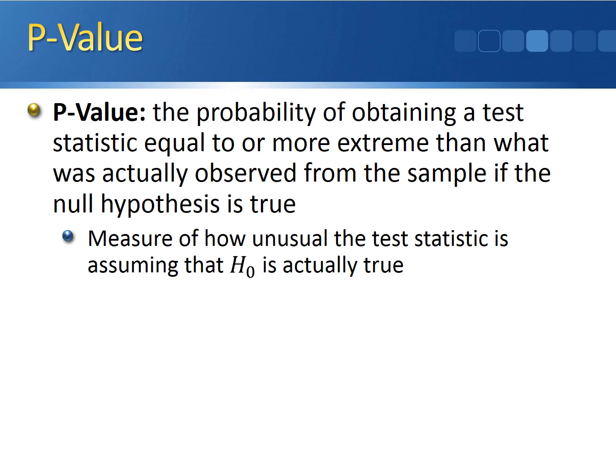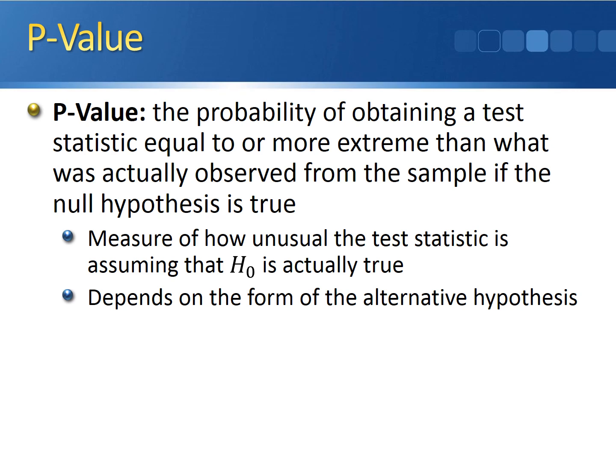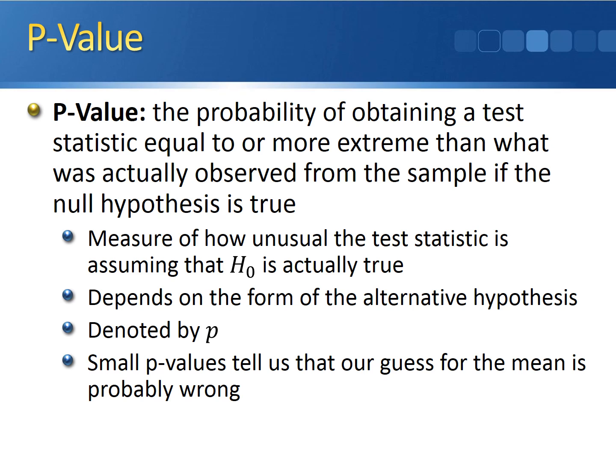You can think of the p-value as a measure of how unusual the test statistic is, assuming that the null hypothesis is actually true. The way that we calculate the p-value depends on the form of the alternative hypothesis. It's denoted by the lowercase letter p, and ultimately, small p-values tell us that our guess for the mean is probably wrong.